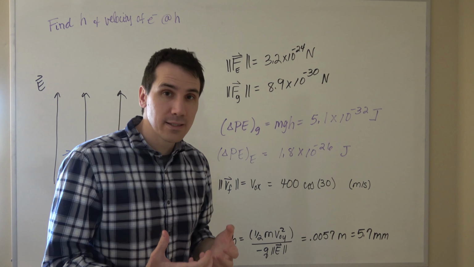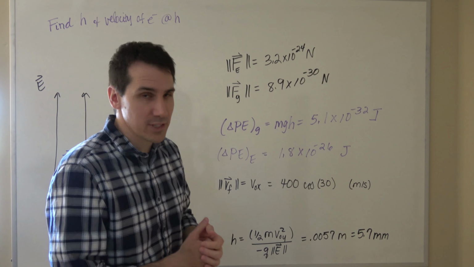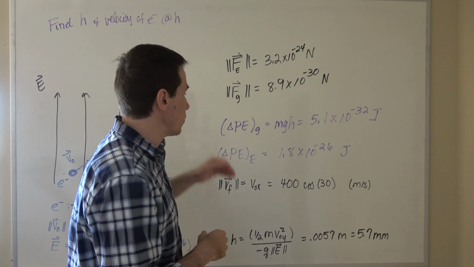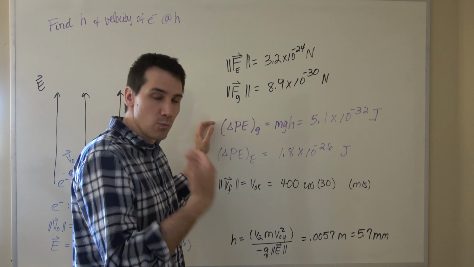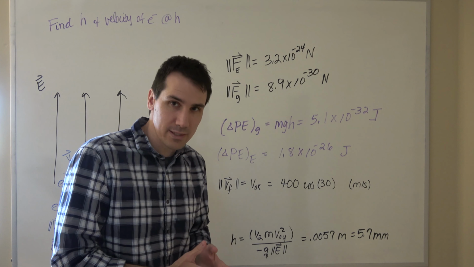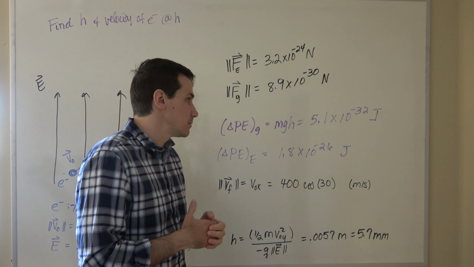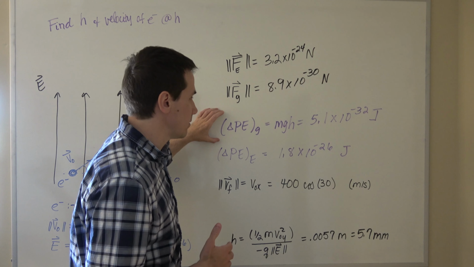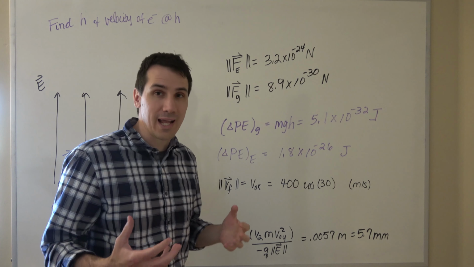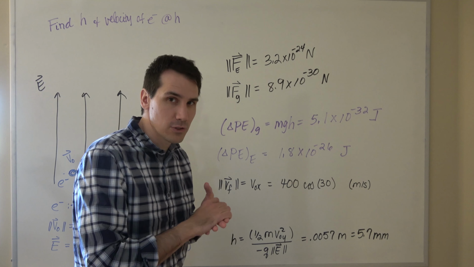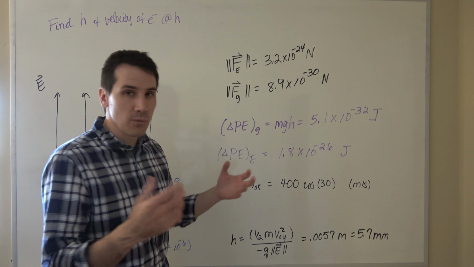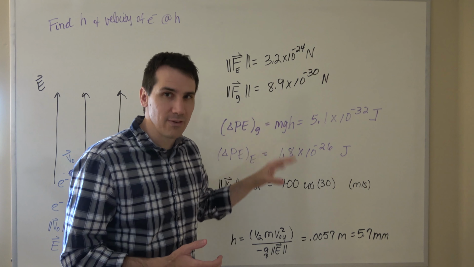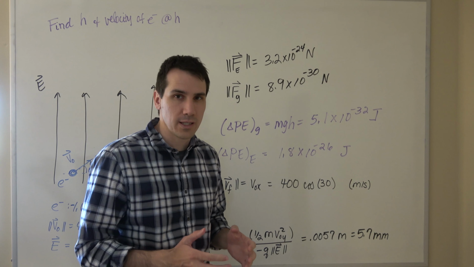So if we had done this problem where we included the gravitational potential energy, it only would have changed our answer if we were interested in an answer that was more than 6 decimal places in accuracy. Otherwise, this gravitational potential energy would not actually influence our final solution. And because we weren't interested in that level of accuracy, it was completely reasonable to leave out the gravitational potential energy in our calculation.